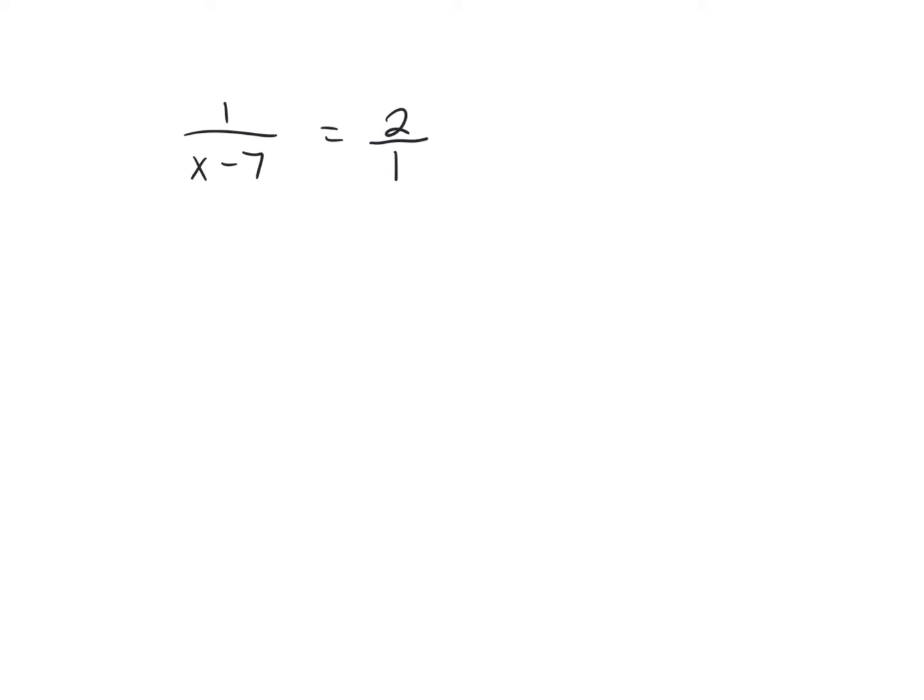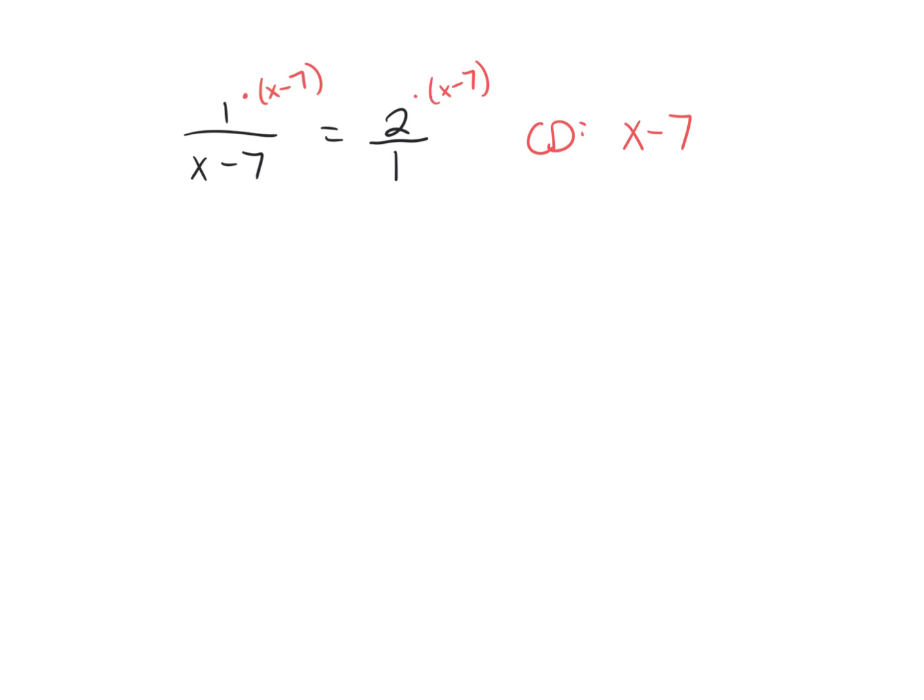Close, common denominator. Common denominator, which is kind of the same thing. What is the common denominator if my denominators are x minus 7 and 1? X minus 7. Yep. So what do I do with that common denominator? Multiply it how many times? To both terms. Yep.